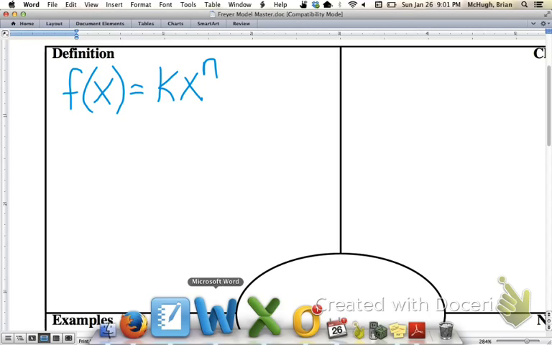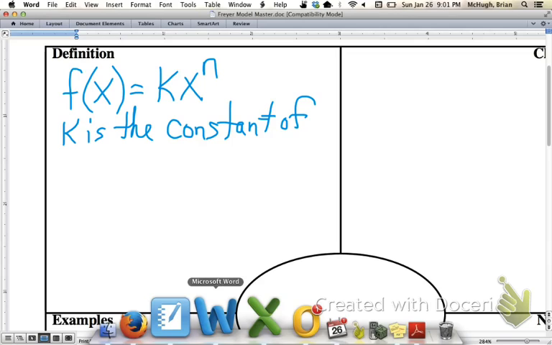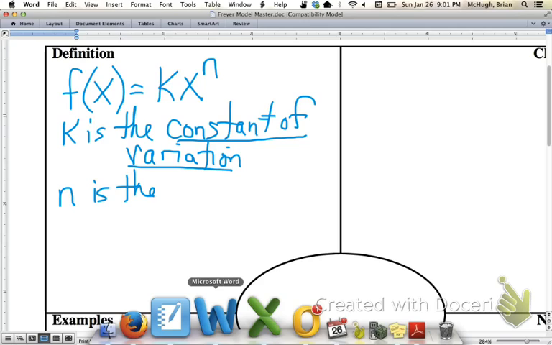And that should look very similar to the monomial function, but now we call k the constant of variation. So that's the new name for the coefficient k, and n is the power.